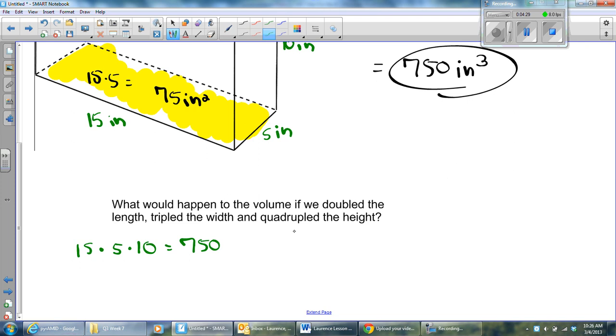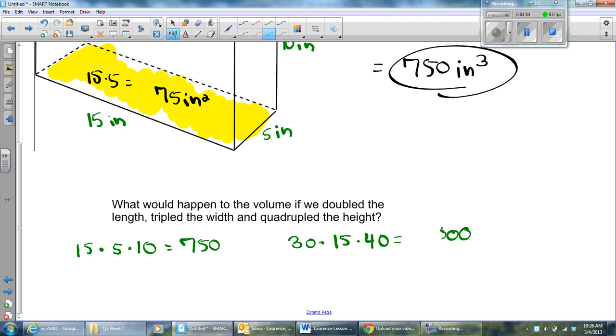And now let me see, I have to double the length, 30, triple the width, 15, and quadruple the height, which would be 40. And multiply all those together. So 30 times 15 times 40. And I'm going to get 18,000. Put my comma in the wrong spot there. Sorry about that. All right, hold on.